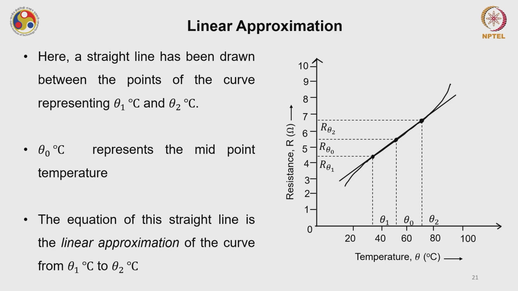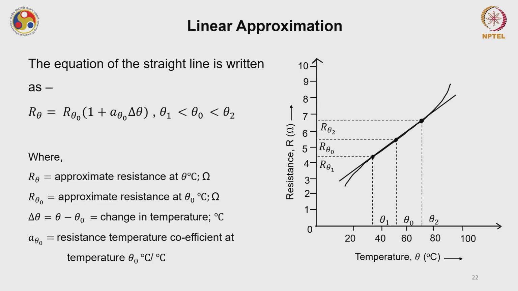Okay, so the equation of this straight line is the linear approximation of the curve from theta 1 to theta 2. The equation of the straight line is written as R theta equals R theta naught into 1 plus alpha theta naught into delta theta, and the condition is theta 1 is smaller than theta 2 and theta naught is the midpoint between theta 1 and theta 2.